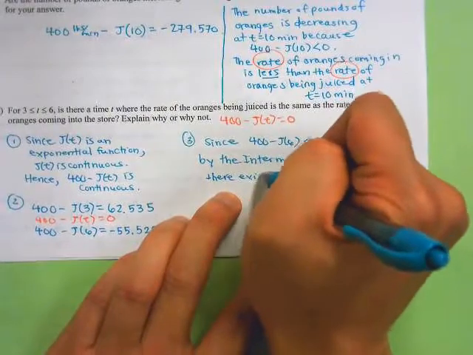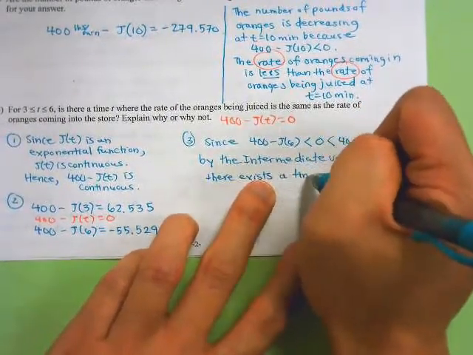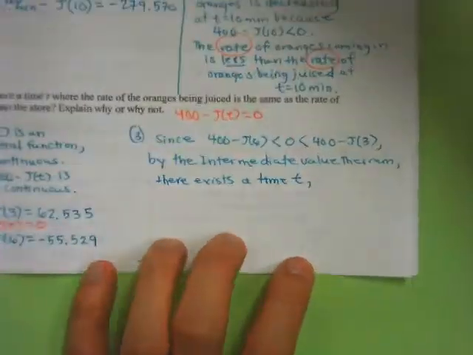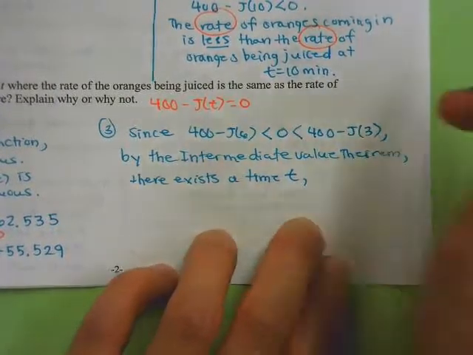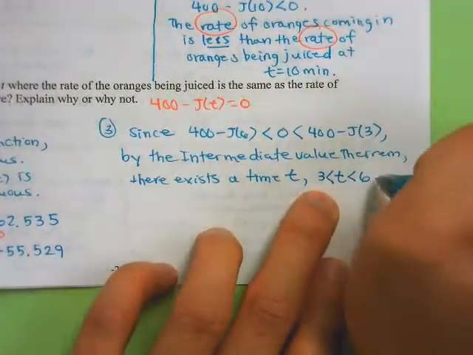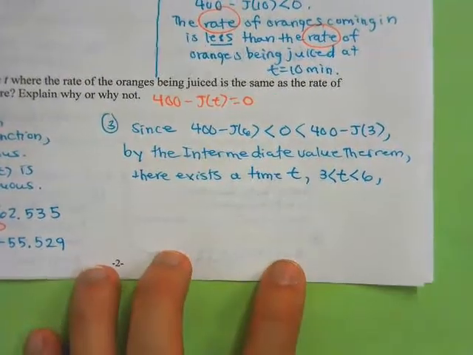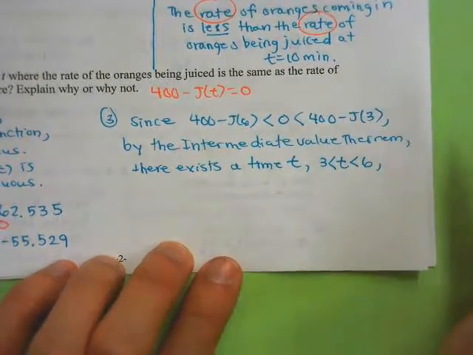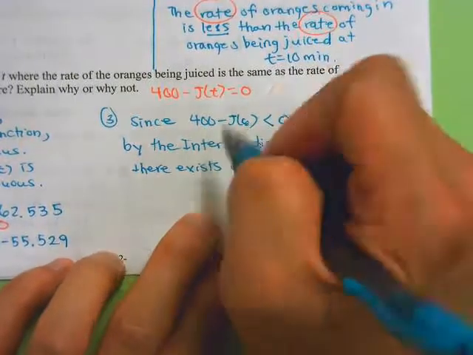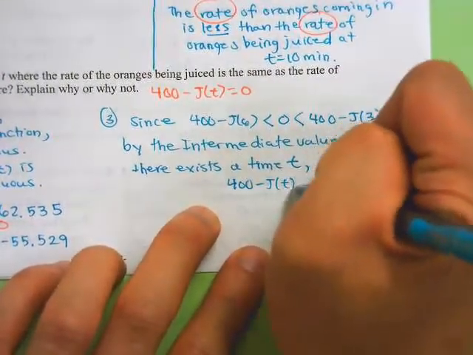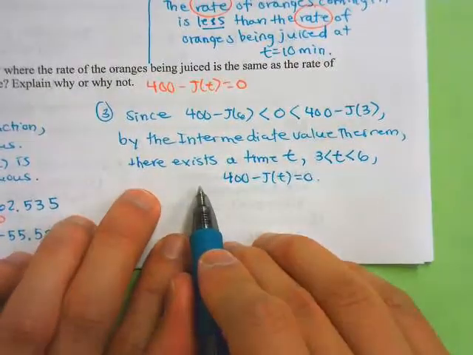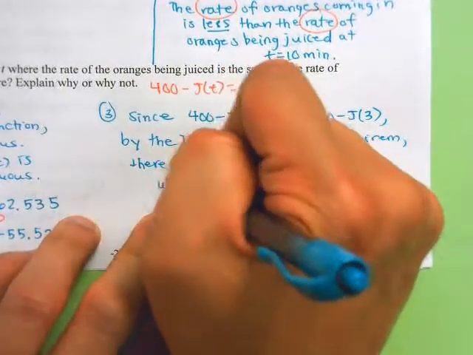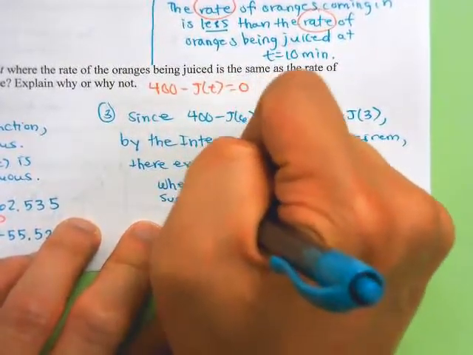There exists a time t, I guess you guys could put c, does not matter, in between what two intervals? 3 and 6. Okay, make sure you do not put equals because we want it in between. And give me more. Sorry, did you say some words over here? Oh yeah, okay, yeah. Where 400 minus J of t is equal to 0. It's the same thing. Where I usually put such that, but it's the same.